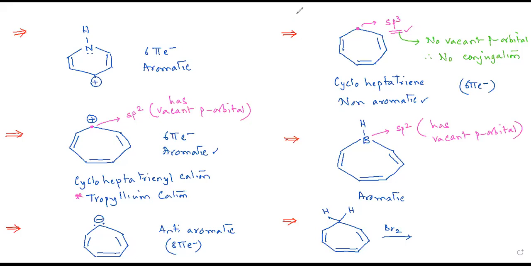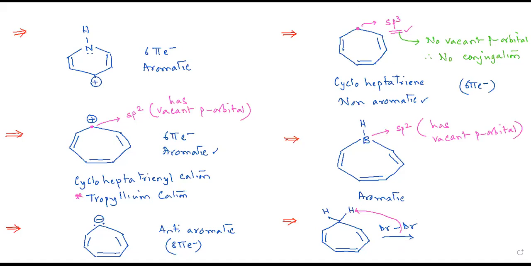Now, let us take this bromine in the form of Br plus and Br minus, or else simple Br Br. Let me take it this way. If this way it is taken, we'll get a negative charge.